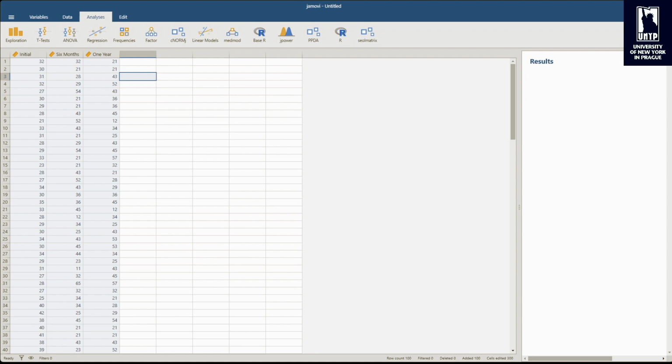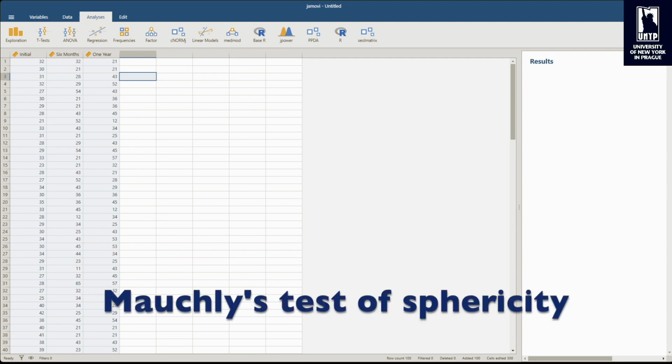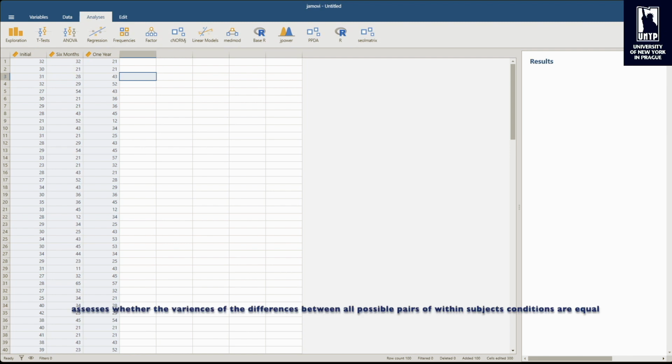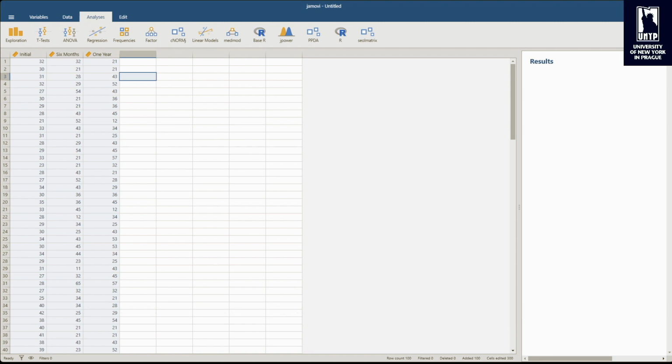Another key assumption, and this is a new one for within subjects ANOVA, is sphericity, checked using Mauchly's test of sphericity. This test assesses whether the variances of the differences between all possible pairs of within subjects conditions are equal. Don't worry too much about what it means.